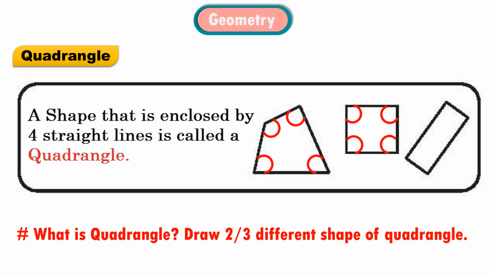First, we have seen what a side is and how to find the side of a certain shape. Then we have seen the definition of the triangle and three different shapes of a triangle. Similarly, we have seen the definition of a quadrangle, as well as different shapes of a quadrangle. So this is how you will answer in your copy.